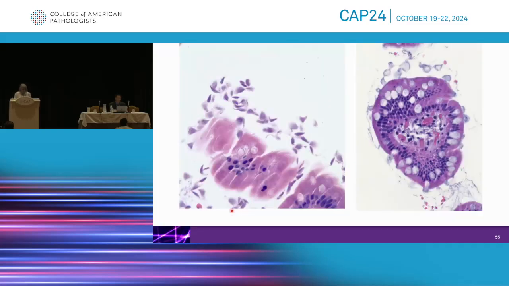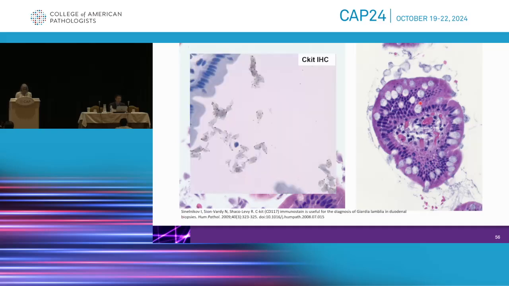And there are some mimics in terms of detached mucin that can look a little bit like giardia. Some authors have published that c-Kit immunohistochemistry can stain these organisms. We don't use this too much in our practice. This is what the stain looks like in our lab. I understand it's quite variable in labs, but this could be helpful or useful potentially in some situations if you wanted to try.